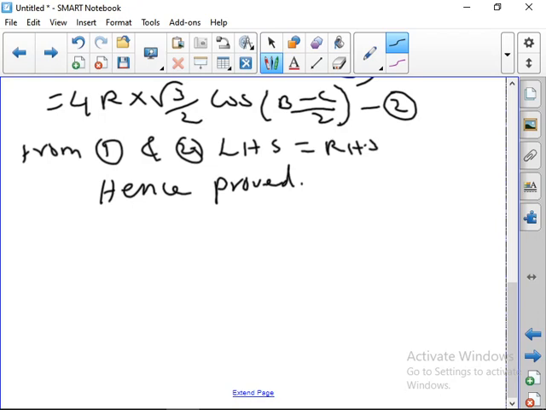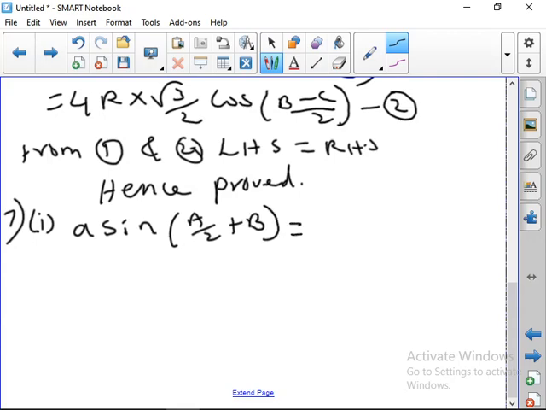Okay. Now we will go to question number 7. Seventh question, 5 subdivisions are given. We'll see the first subdivision. What is it? We have to prove that in a triangle ABC, A into sine A by 2 plus B is equal to B plus C sine A by 2.